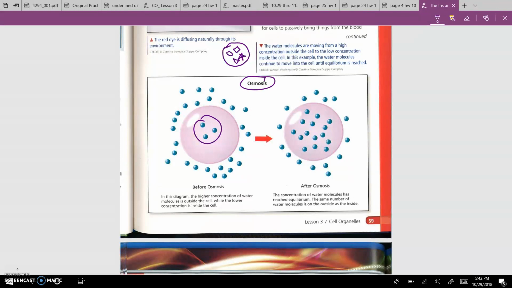Basically, the molecules on the outside want to move from this high concentration into this lower concentration. That's what the second picture is showing us. After some of the molecules from the outside have moved to the inside of the cell, if you count them, there's the same number on the inside as there is on the outside. That means the cell has reached equilibrium, and at this point, the cell won't go through osmosis any longer.